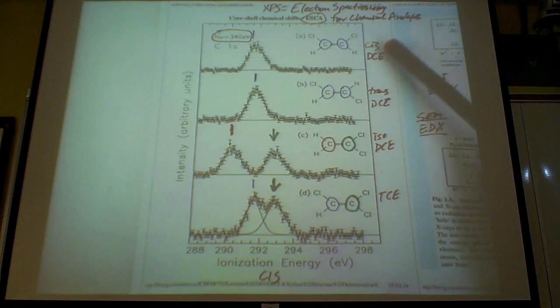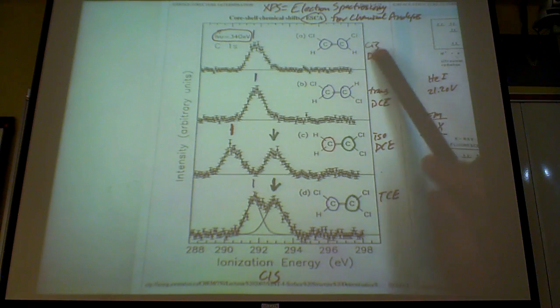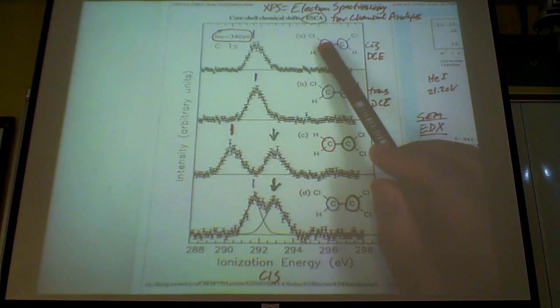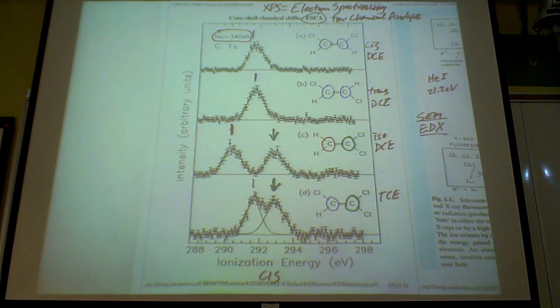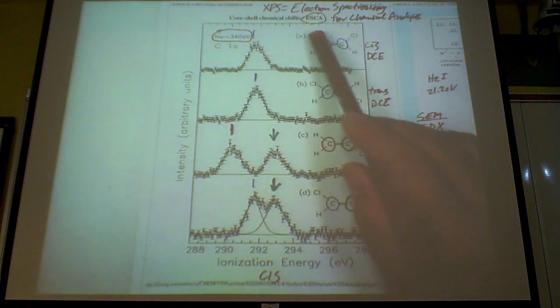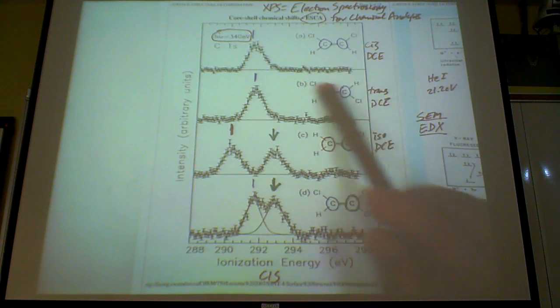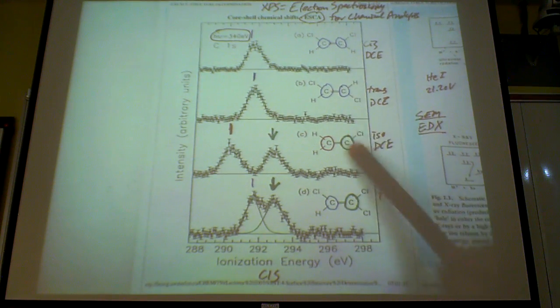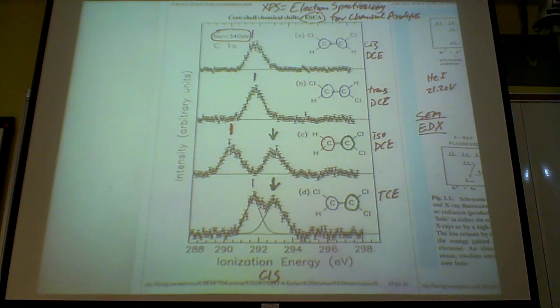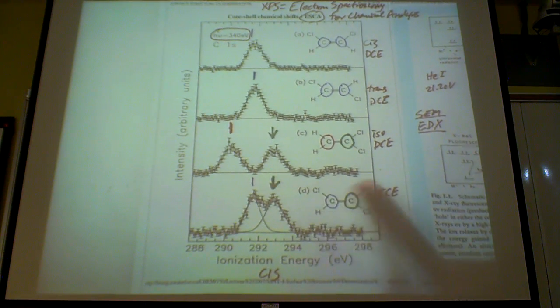We studied dichloroethylene, which has a carbon-carbon double bond and two chlorine atoms like this. These are the molecular structures. We looked at the isomers of dichloroethylene: a cis isomer, a trans isomer, and an iso isomer, with both chlorines on the left or right. And then finally we looked at trichloroethylene.